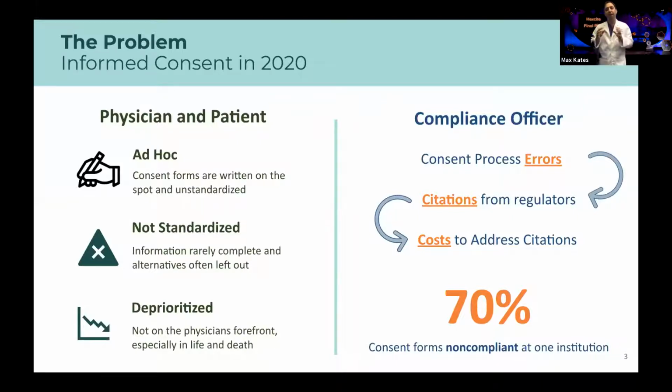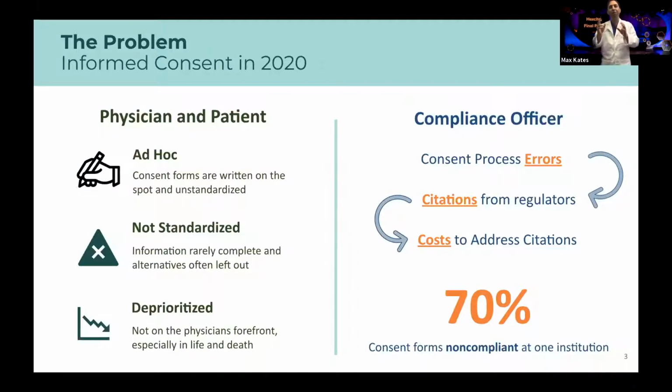But it's also a headache for another group of people, and that's the compliance officers and the legal affairs officers at every hospital in the United States. Because when a patient sues for malpractice, the consent form is the legal document of record. Failure to provide informed consent in the state of Maryland is the leading cause of malpractice litigation.